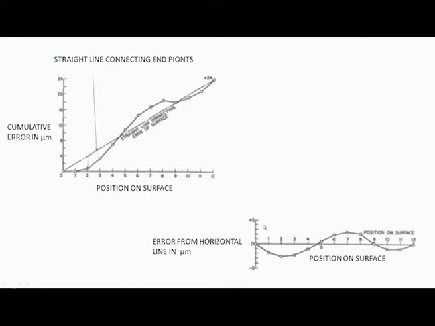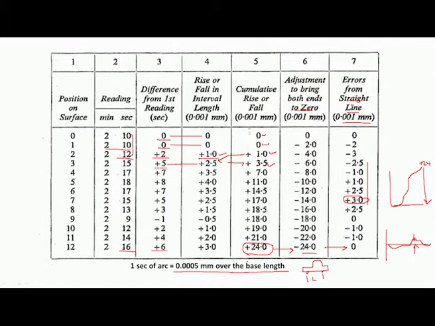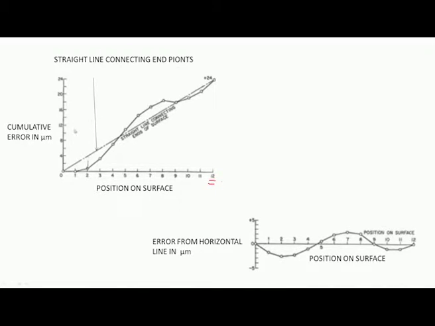Now, we can draw the graphs using those tabulated values. On the x axis we have the position on the surface, we have 12 positions, and then the cumulative error in microns, that is column number 5, will give us the cumulative rise or fall. These values we have to take and plot here.